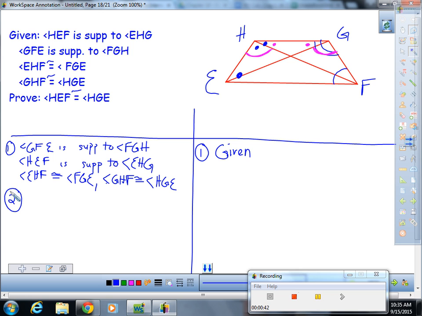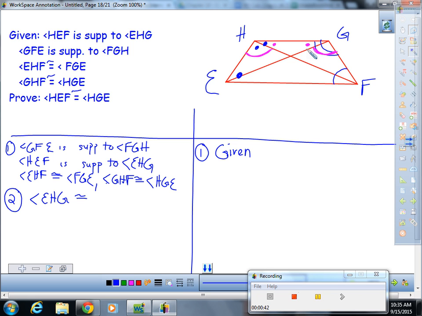All right, so now what I can say is that angle EHG, look, angle EHG is made up of this pink swoop and this pink dot. So that's got to be equal to this angle, which is made up of that pink swoop and this pink dot.